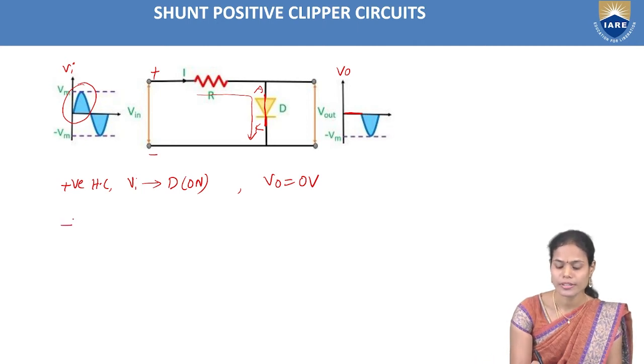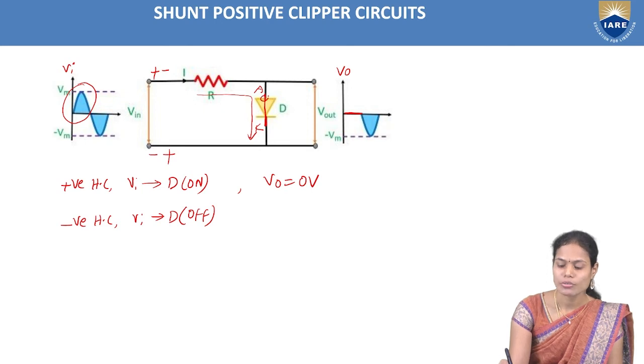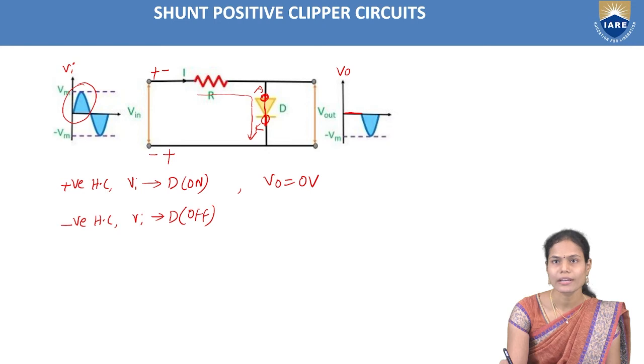And similarly, if we apply the negative half cycle of input voltage, that is making the diode go into reverse bias condition. Why? Because here it is minus, here it is plus. For the anode terminal of the diode, we are providing the negative voltage. So that's why the diode is in off state. So once the diode is in off state, there is no drop across this diode.